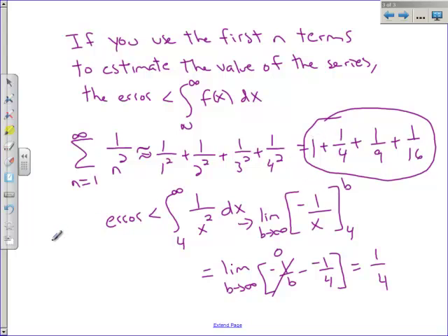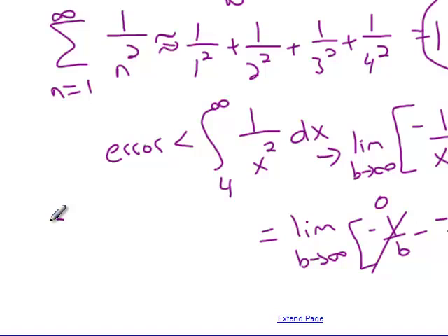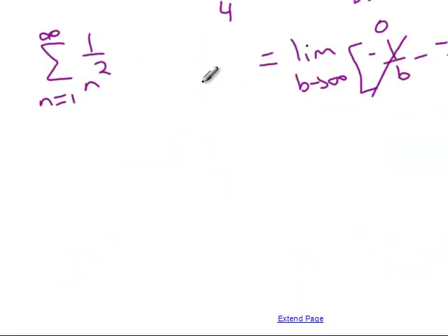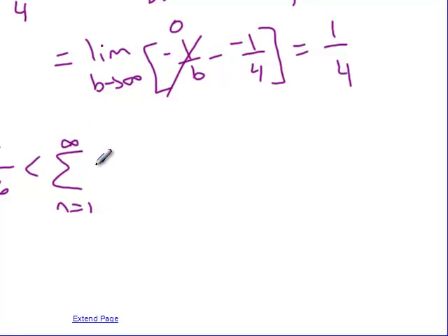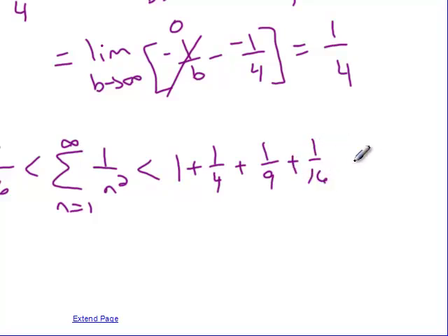And on top of that, we can say that the actual value of the sum of 1 over n squared, I'm going to have to extend my page here, lies somewhere in this interval. 1 plus 1/4 plus 1/9 plus 1/16 is actually smaller than the value of this series, and the series is bounded by my approximation plus my error.